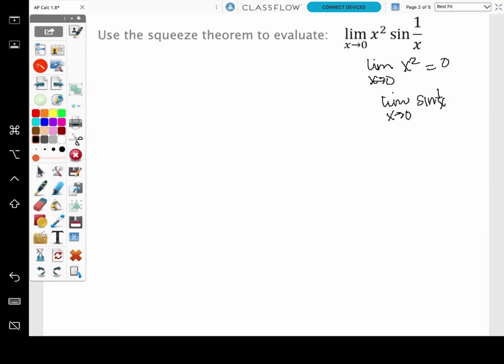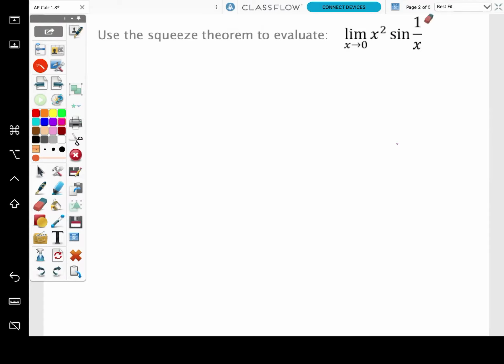But this second limit doesn't exist. That's undefined. So we couldn't just use those properties that we have been using. There is a real reason for having this squeeze theorem pop up right now. It's, short of using a table, the last resort. So let's see how this works.